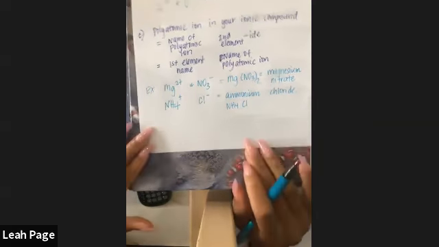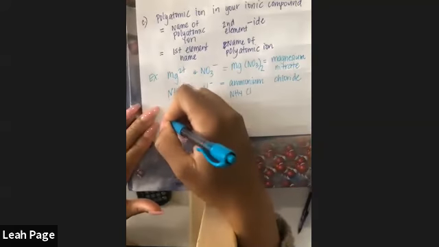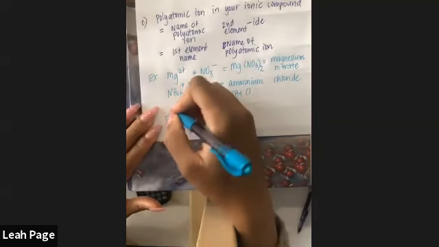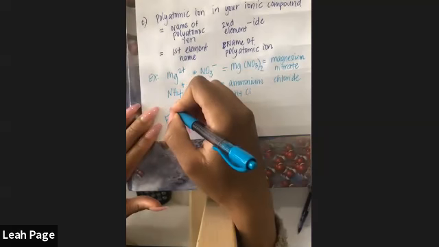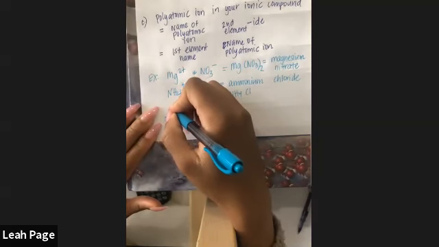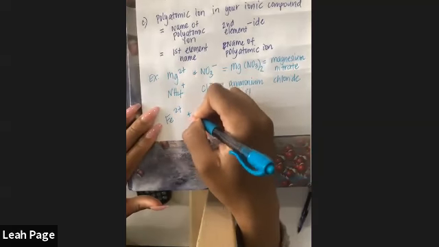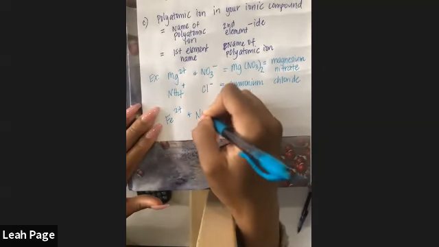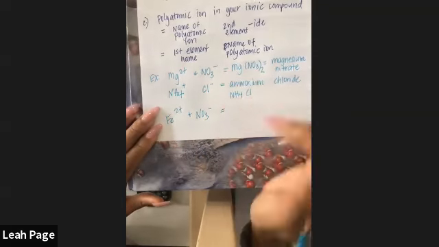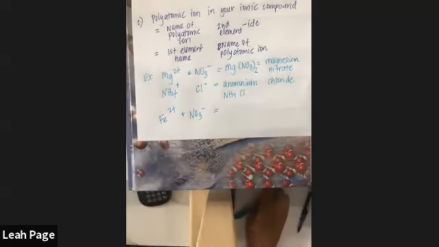And then I'll give you guys one more and see if you can get this together. Let's say I have an iron ion that looks like this, and then I have a nitrate ion that looks like this. Let's see if we can write the formula and name this compound.